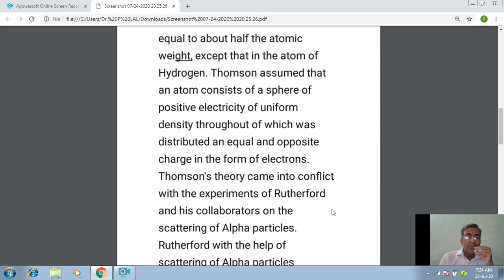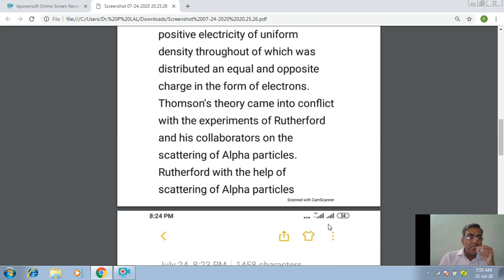Thomson's theory came into conflict with the experiment of Rutherford and his collaborators on the scattering of alpha particles.